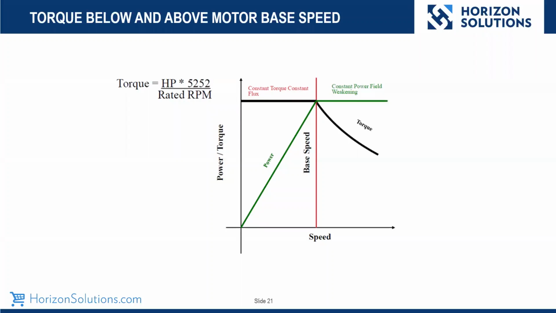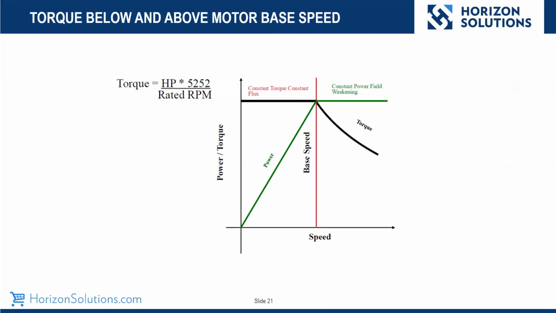But look at the power in the green line that goes up. Basically what we're doing with the drive is changing the voltage. As we increase the voltage, we increase the power, but we're giving you full torque. And torque is synonymous with a volts per hertz ratio, correct? So as we increase up in power and we're giving you constant torque, that is the rule for base speed, with the red line going vertical and to the left and down.